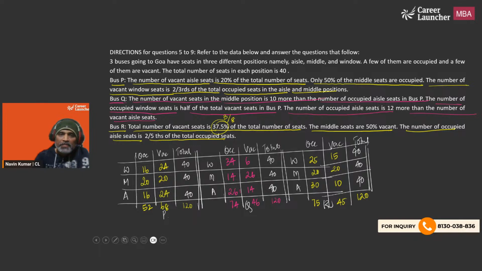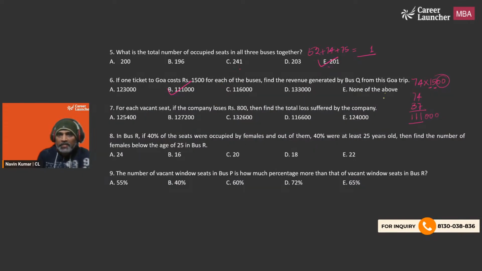Total vacant seats we have is 68, 46, and 45. 68 plus 46 plus 45. 46 plus 45 is 91. 91 plus 8 is 99. 99 plus, let's say, 100. 100 plus 60 is 160. We have one less, so this is basically 159. Now we have to do 159 into 8 followed by two zeros. Now, 8 into 9 is going to end in 2. So the only option that ends in 2 is option B.